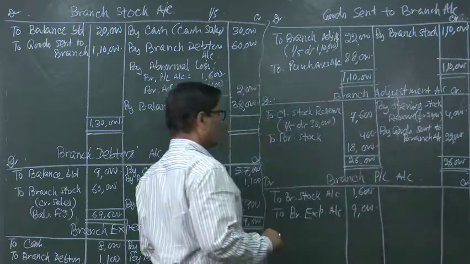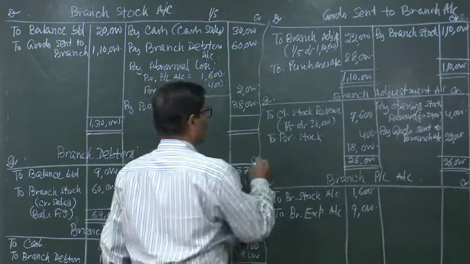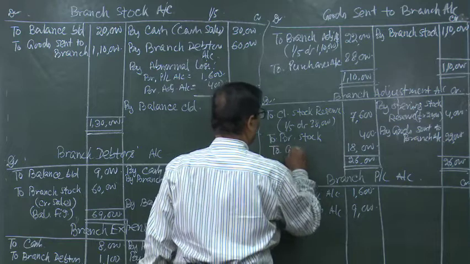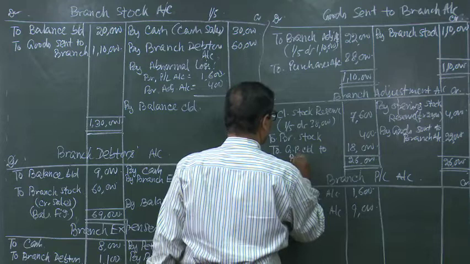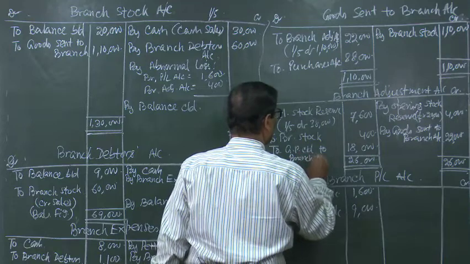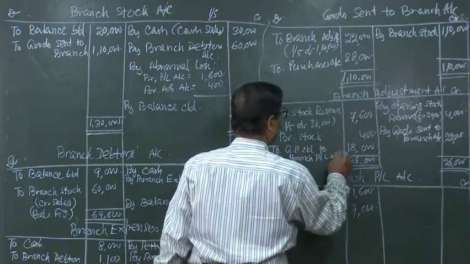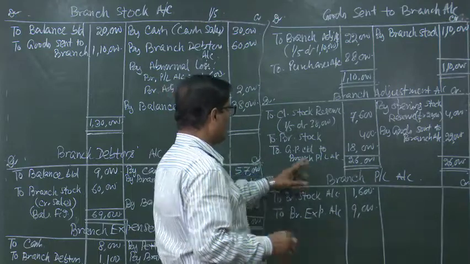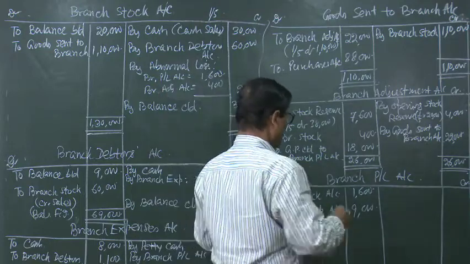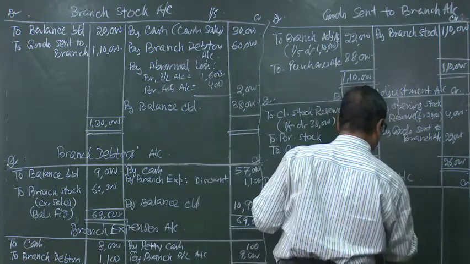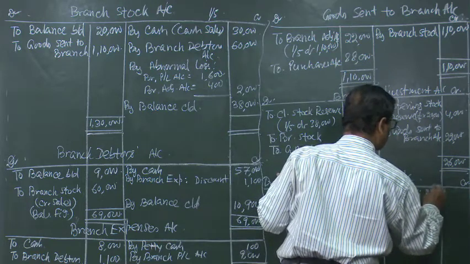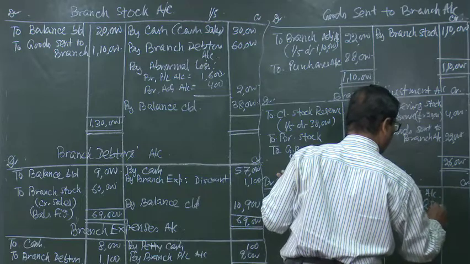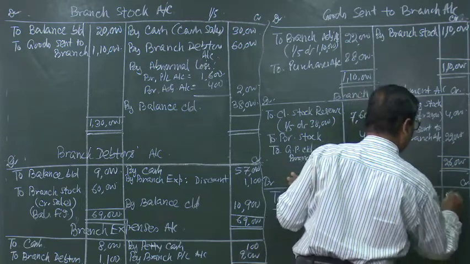That means this is the gross profit. To gross profit carried down to branch PL account, or you can write to branch PL account within bracket gross profit. So, branch PL account is credited by branch adjustment account within bracket gross profit 18,000.